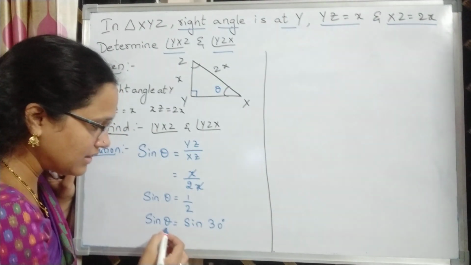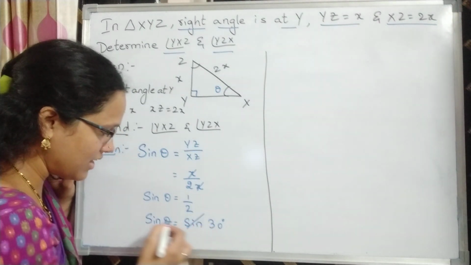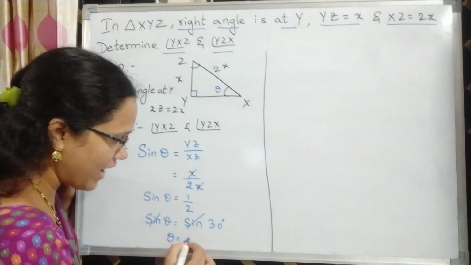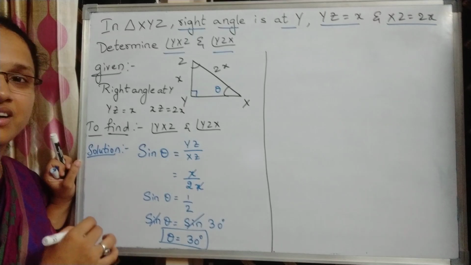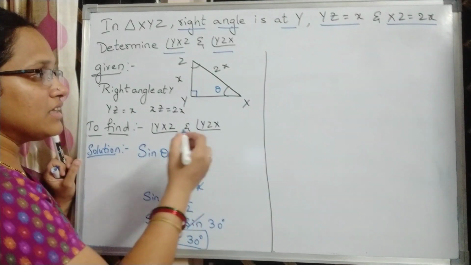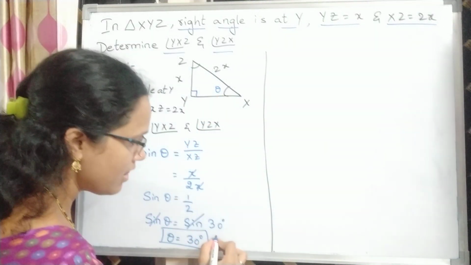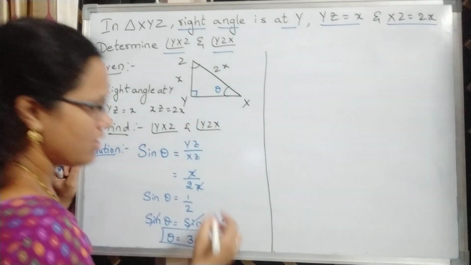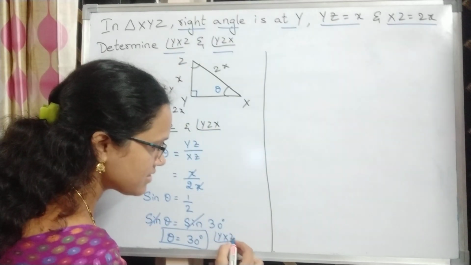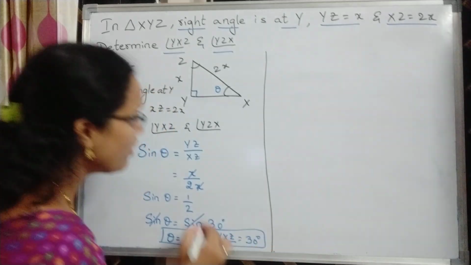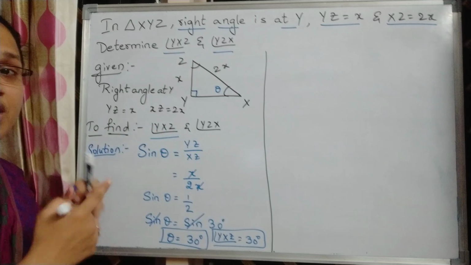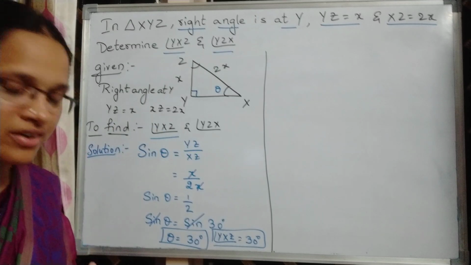So sine theta is equal to sine 30, where sine and sine get cancelled, and the value of theta becomes 30 degrees. Theta means angle, so angle YXZ is equal to 30 degrees. One of the angles they asked us to find, we found it. Did you understand, children? Yes.